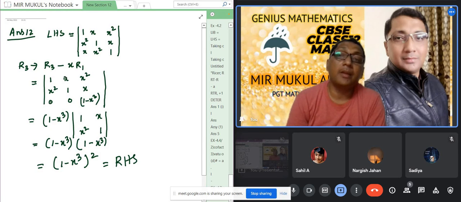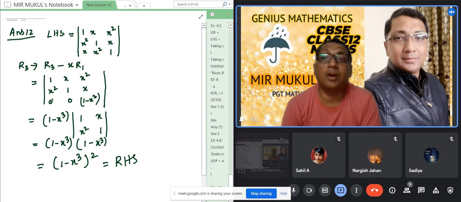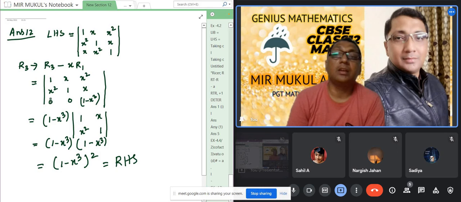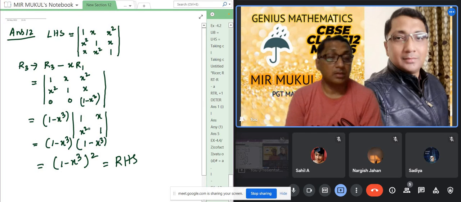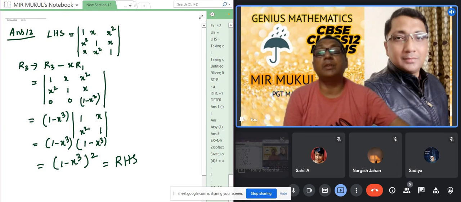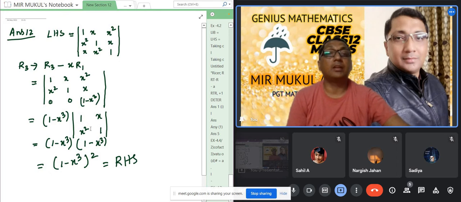But if in the first row two elements are 0, then we take the element of the first row. If in any column two elements are 0, then we'll take that third element and its minor to expand it. So any row or any column we can use to expand a determinant.